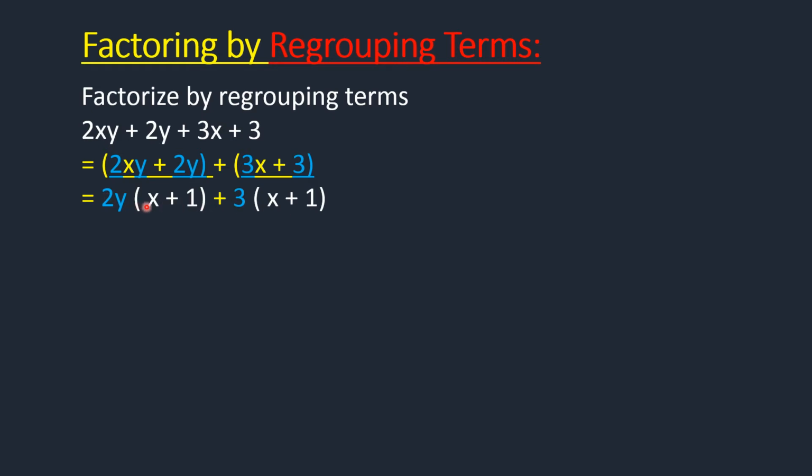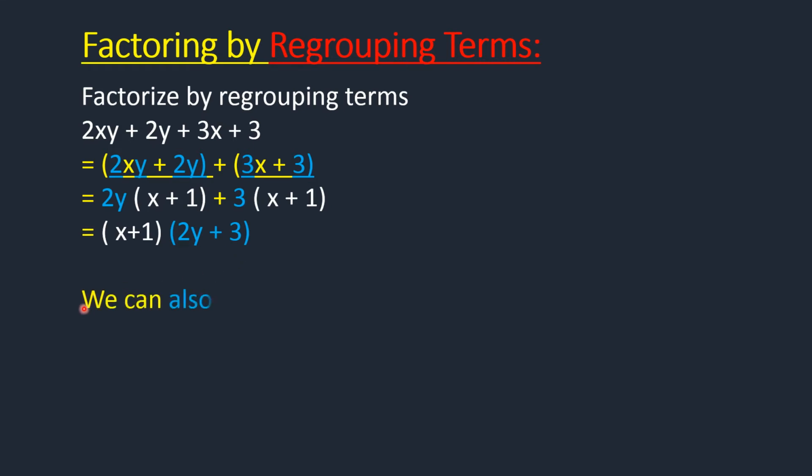Here we find that x plus 1 is the common factor between these two terms. So we will write the factors as x plus 1 and what remains is 2y plus 3. So the factors are x plus 1 and 2y plus 3.